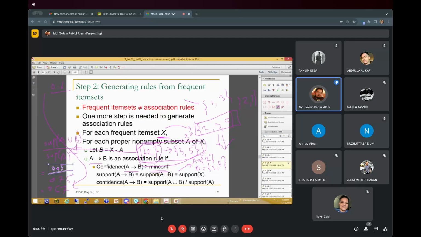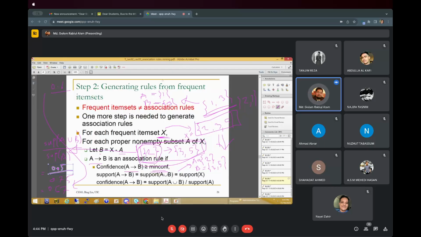Similarly, we have to think about our 2 item set, like 1, 3. In our 2 item set we have 1, 3. So what we can do, we can select A equal 1. In that case, B will be just X minus A, it is just 3. B will be 3.